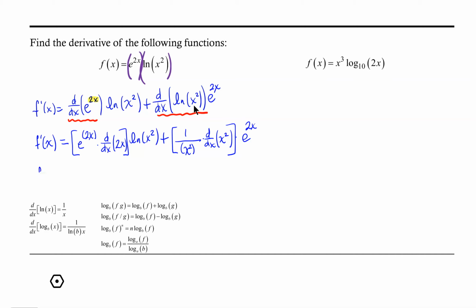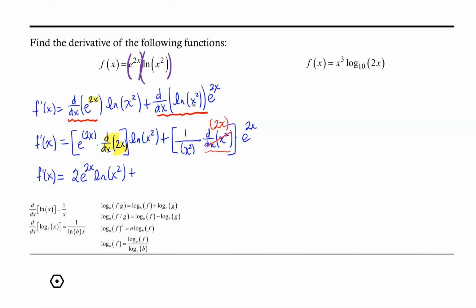Okay, so now our derivative is equal to, now the derivative of 2x is simply 2, so we're going to have 2 times e to the 2x times the natural log of x squared plus, now the derivative of x squared is 2x, and notice we have a 1 over x squared times a 2x.